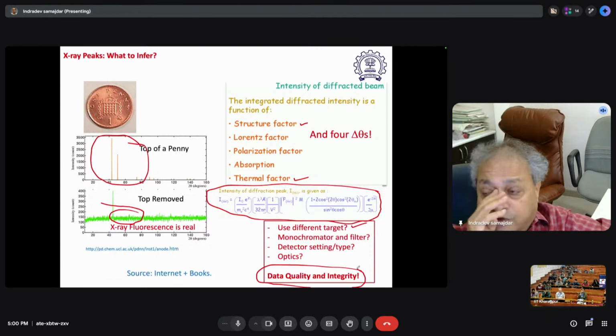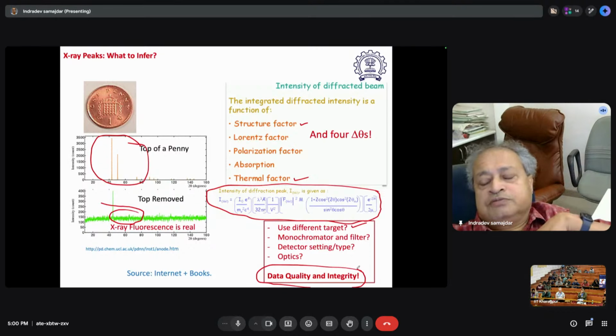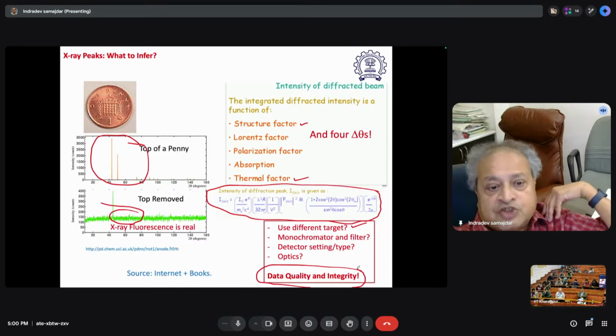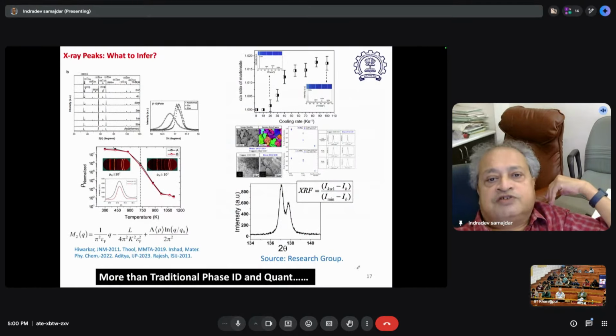Remember, you have a thin film as deposited. X-ray will show it as amorphous. Electron microscopy will show it as crystalline, because X-ray peak broadening, etc., depends on the dislocation density.